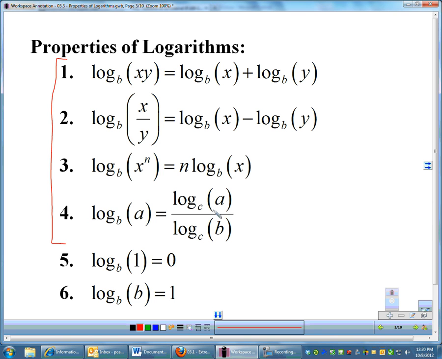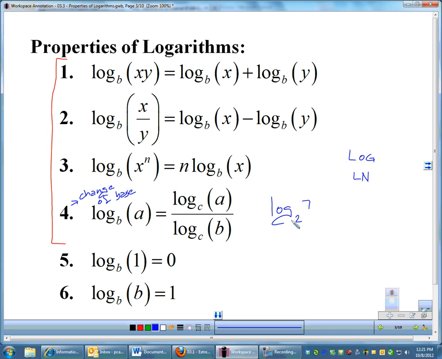This one right here, number 4, is called the change of base formula. This is used for calculators if you needed to plug a log into the calculator. So let's say I wanted you to find the log base 2 of 7 in the calculator. The problem with your calculator is you only have a log button and an ln button.